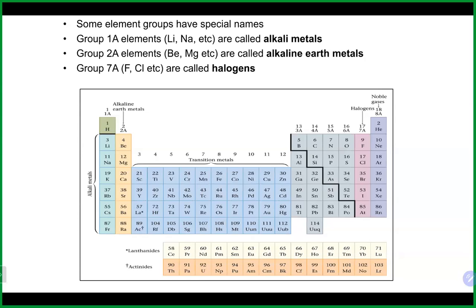Now, when we talk about the groups, there are certain names for particular groups. Starting with group 1, and once again, starting with lithium, those are what are referred to as the alkali metals. Over in group 2, those are referred to as the alkaline earth metals.